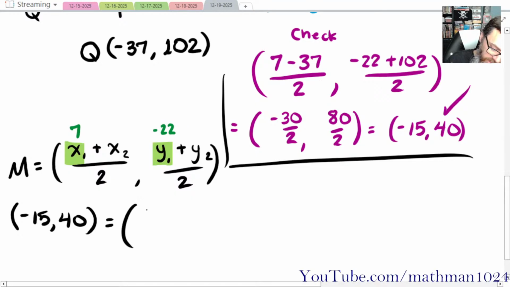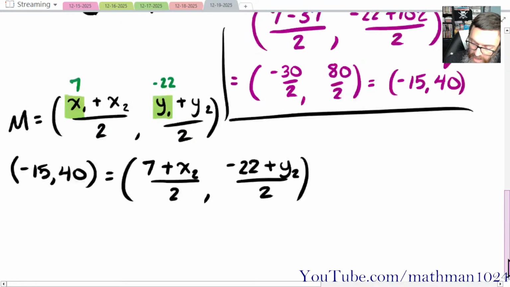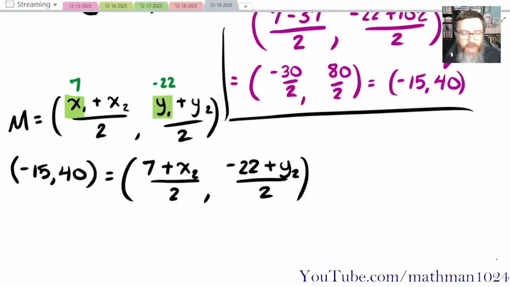So we can write this as 7 plus x sub 2 divided by 2 equals negative 22 plus y sub 2 over 2. Now, the only way that these ordered pairs can be equal is if the x coordinates are the same and the y coordinates are the same.